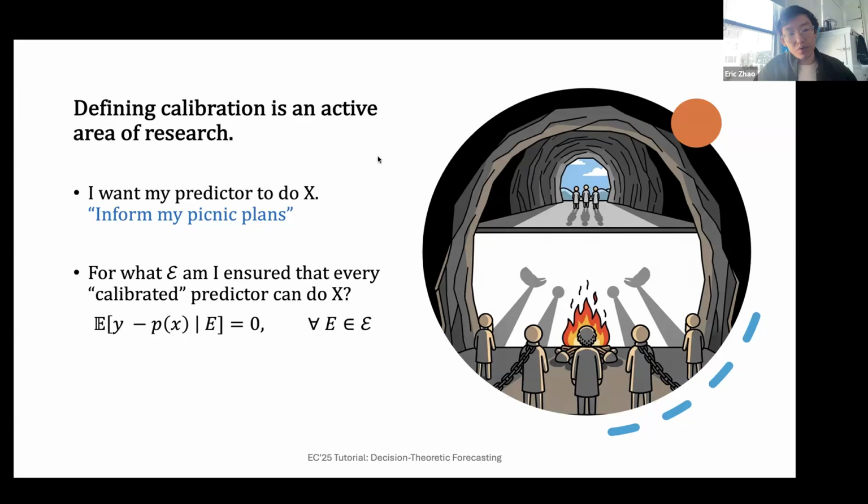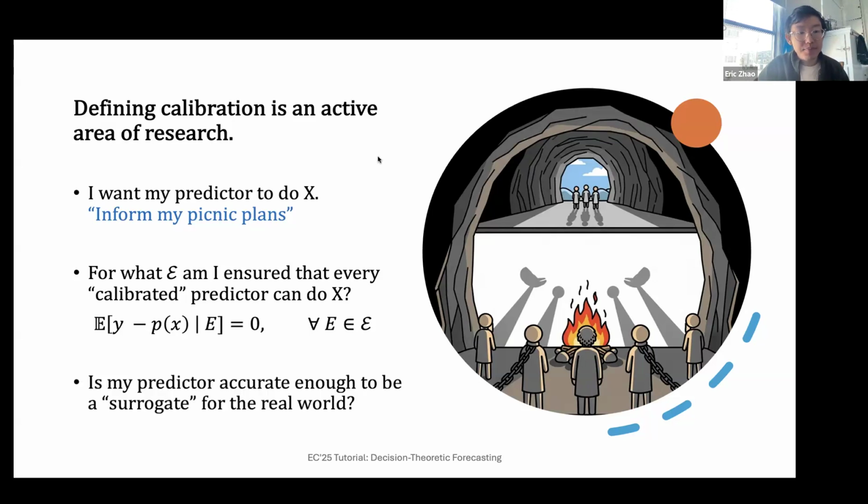If I have this type of goal in mind, then the research question I can ask is, what is a notion of calibration that is sufficient for this? For what choice of epsilon does being unbiased conditional on events in this epsilon give me this guarantee X?